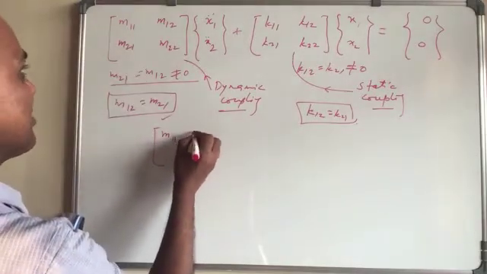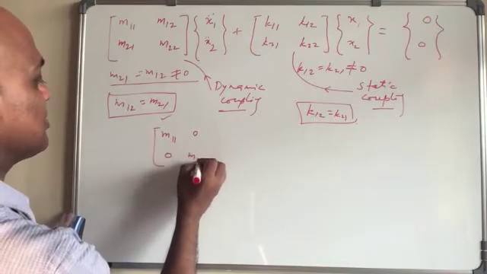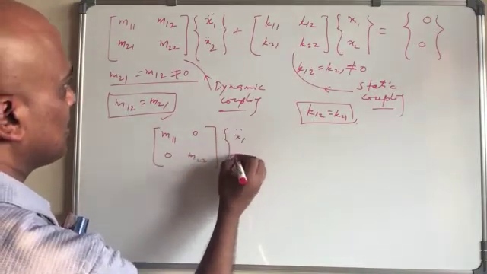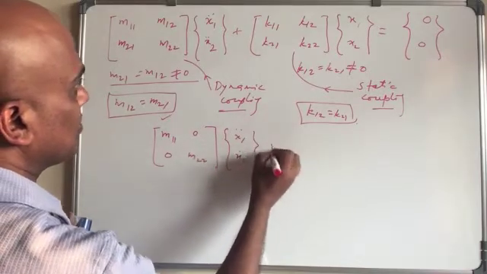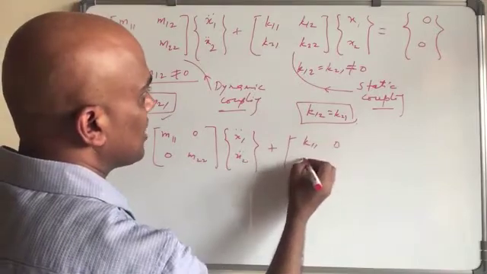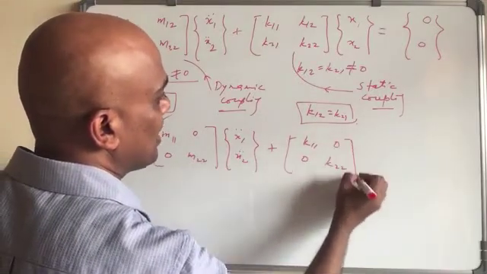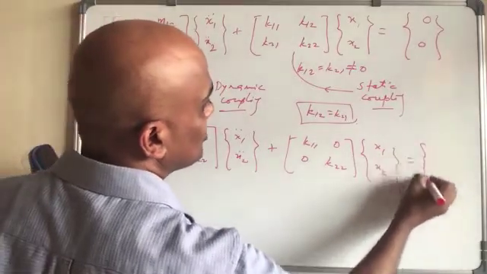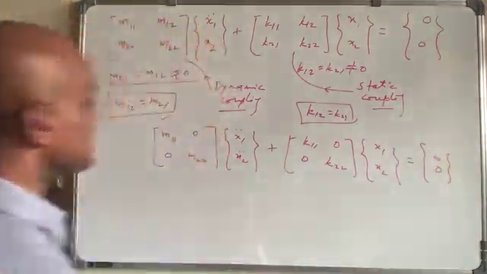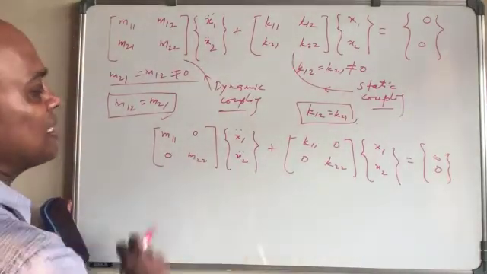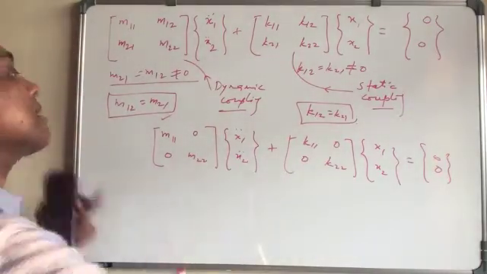So let's say we have M11, 0, 0, M22, times x1 double dot, x2 double dot, plus K11, 0, 0, K22, times x1, x2, equal to 0, 0. What we see here is that we can write two equations which are independent of each other. So we are going to uncouple them.